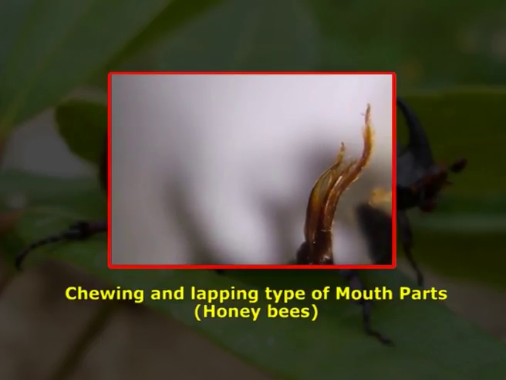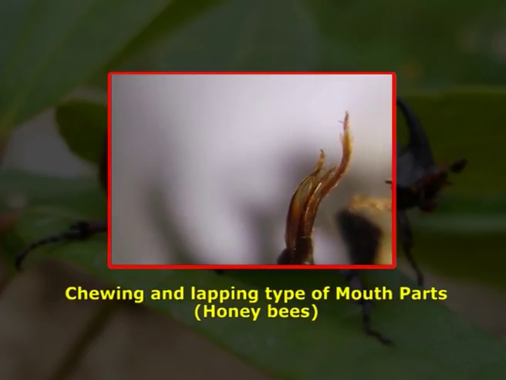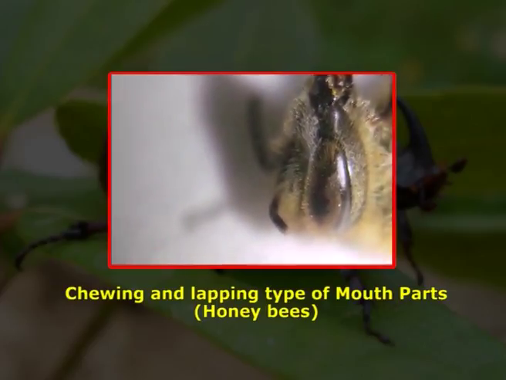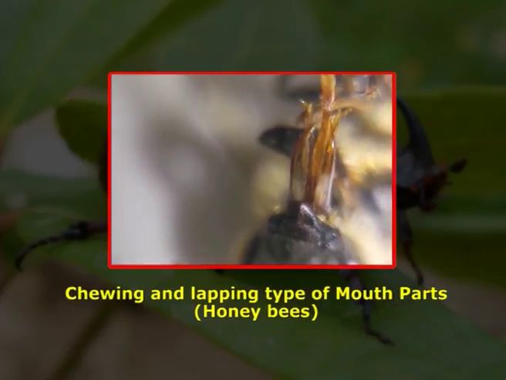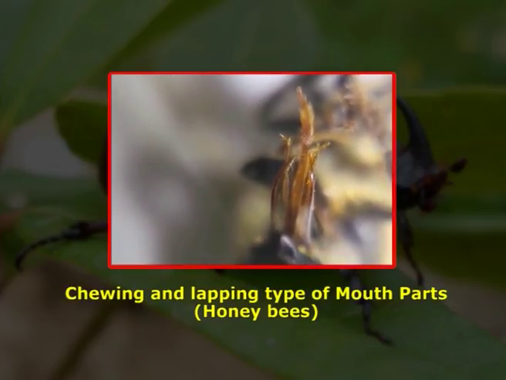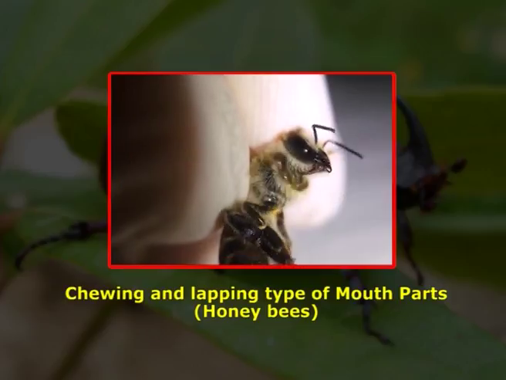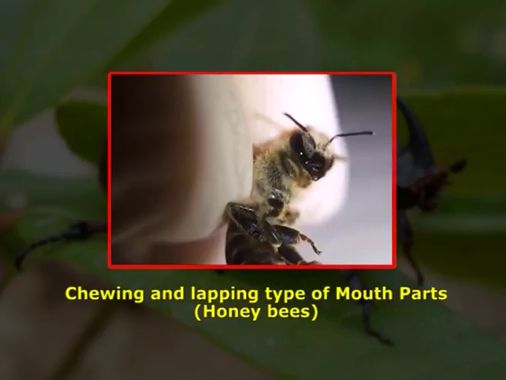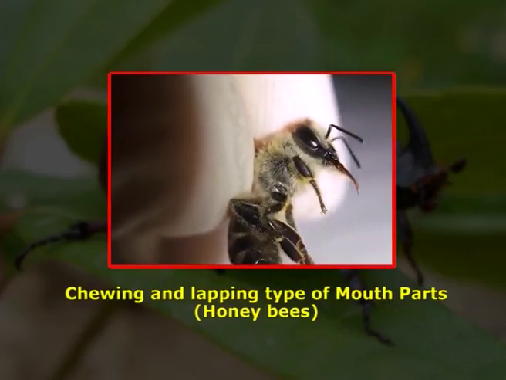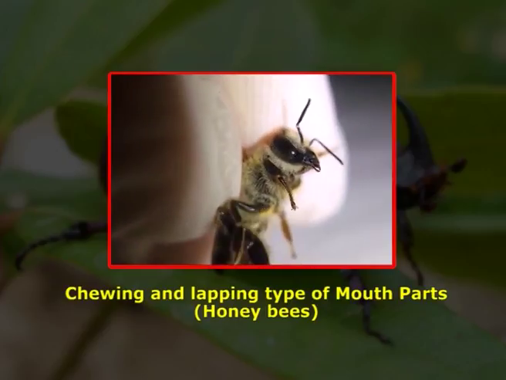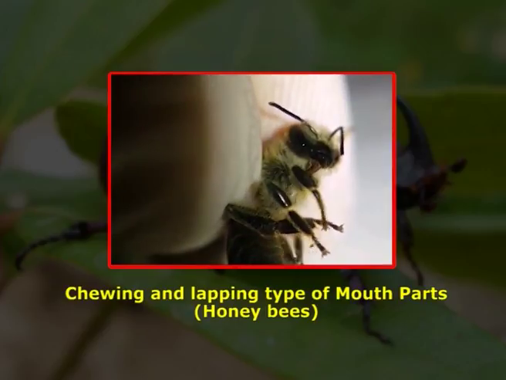Chewing and lapping type of mouth parts, example, honeybees. The labrum and mandibles are biting type, whereas maxillae, labium, and hypopharynx combine together to form a sucking proboscis. The cardo of the maxillae unite with the submentum of labium, forming an inverted V-shaped lorum.